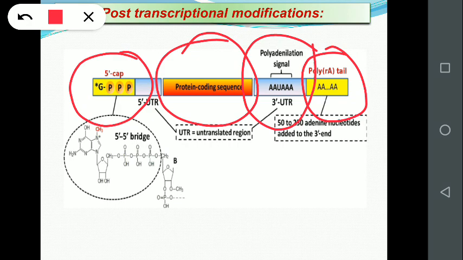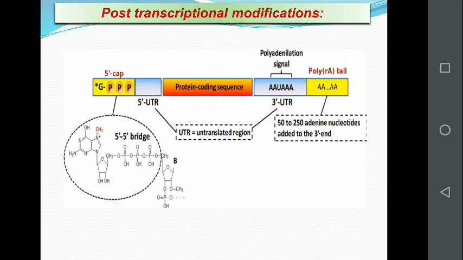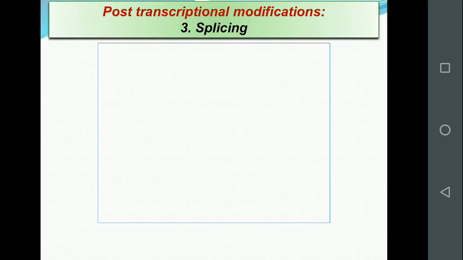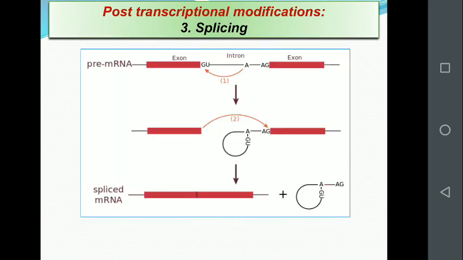Now the final one is the protein coding sequence. This protein coding sequence has introns and exons, and the introns and exons are removed by the splicing mechanism. Suppose this is the precursor mRNA, or primary transcript, or nascent mRNA.